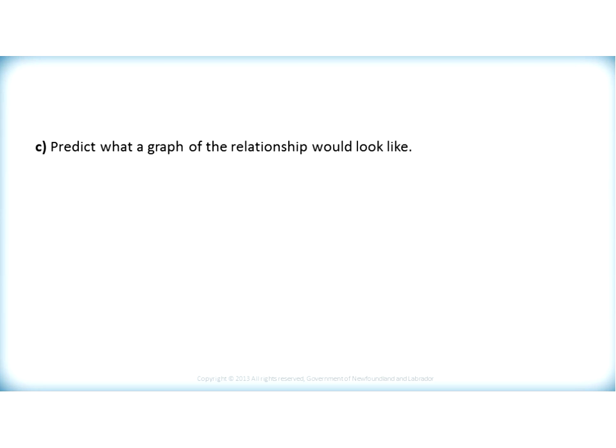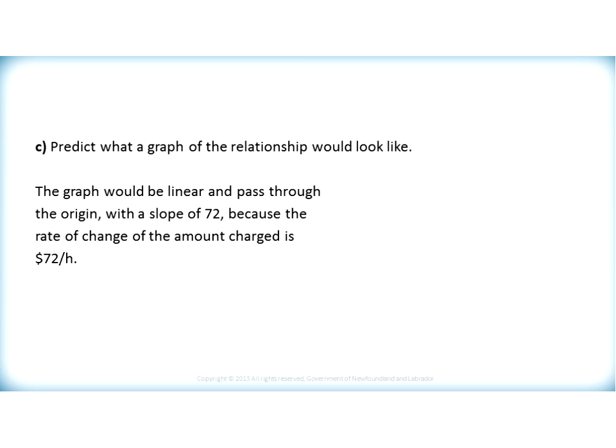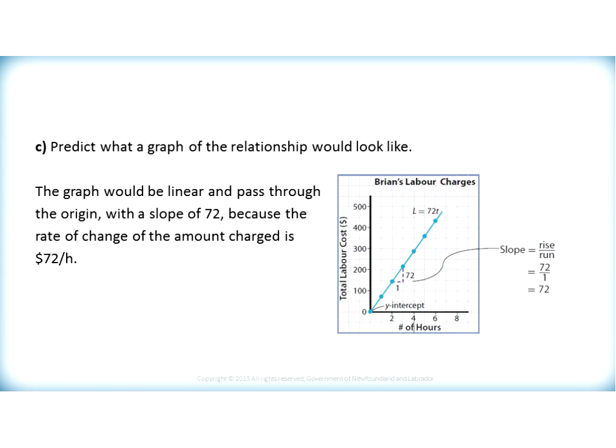Predict what a graph of the relationship would look like. Well, the graph is going to be linear because we have a constant rate of change. The amount he charges per hour for labor is going to be exactly 72 every hour. And so here we go.